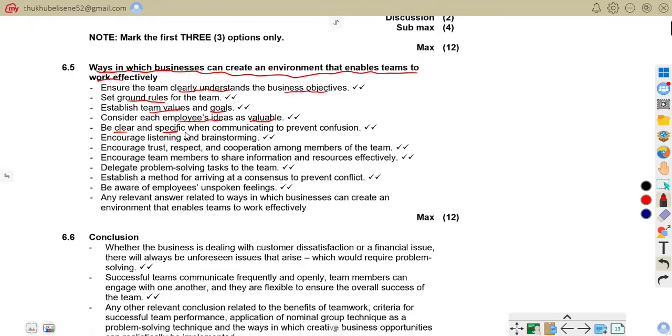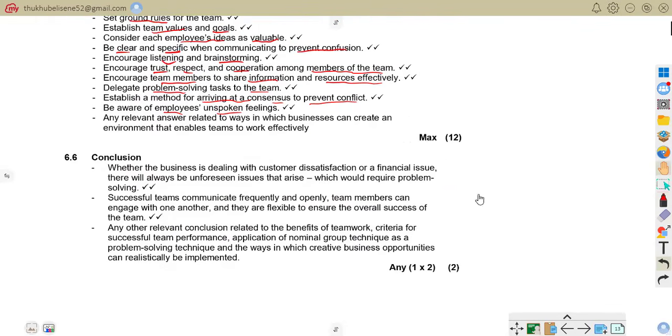Be clear and specific when communicating to prevent confusion. Encourage listening and brainstorming. Encourage trust, respect, and cooperation among members of the team. Encourage team members to share information and resources effectively. Delegate problem-solving tasks to the team. Establish a method of arriving at consensus to prevent conflict. Be aware of employees' unspoken feelings. So any relevant answer.